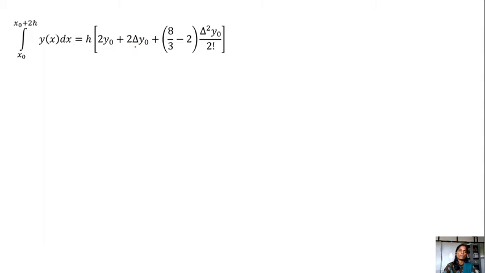Now write here delta y naught and delta square y naught, and simplify simultaneously. The coefficient becomes 8 by 3 minus 2, that is 8 minus 6 divided by 3, so 2 by 3, and the 2 in the numerator cancels with the 2 factorial.